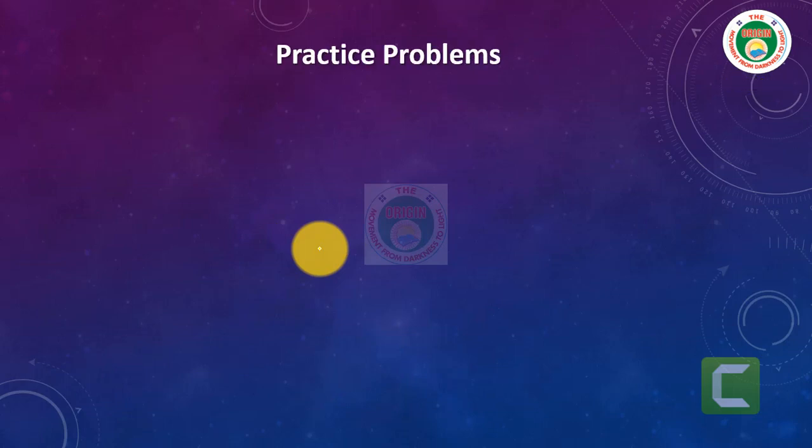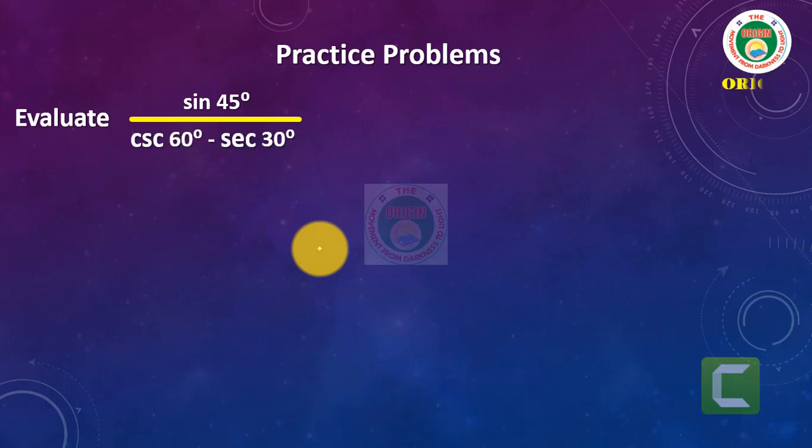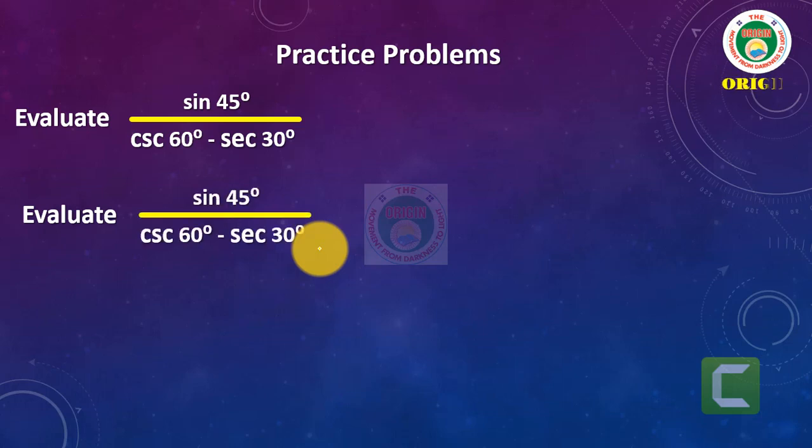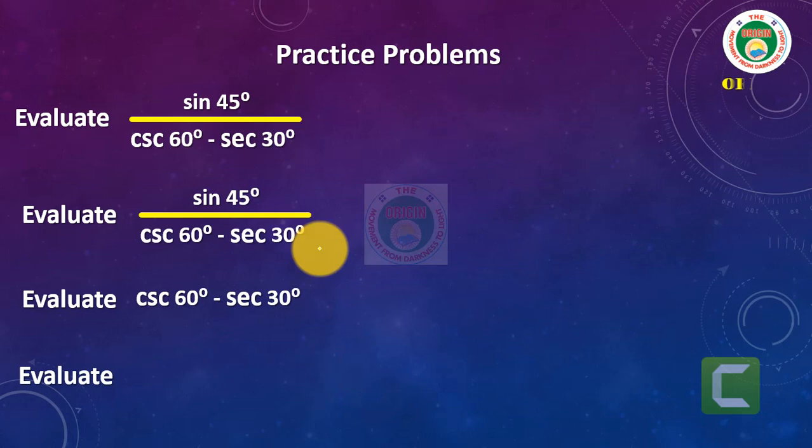Now practice the problems. Evaluate sin 45 degrees by cosecant 60 minus secant 30 degrees. Evaluate tan 45 degrees by sin 90 degrees minus cos 60 degrees.